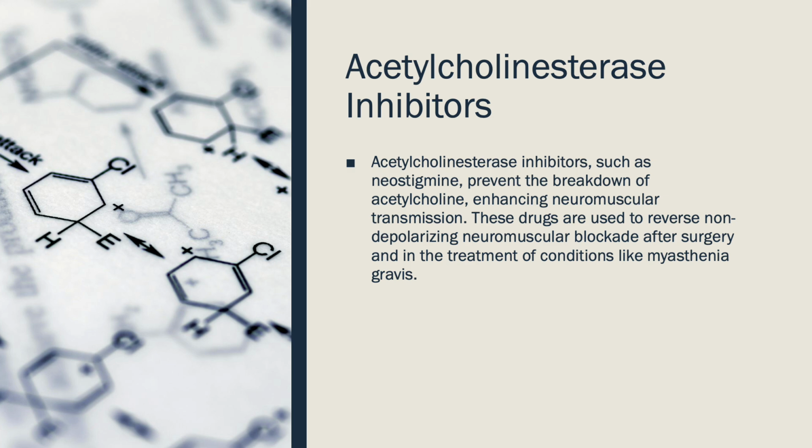However, careful dosing is critical. Excessive acetylcholine can lead to cholinergic crisis, cholinergic side effects: bradycardia, increased secretions, muscle weakness. That's why we give an anticholinergic along with it. Acetylcholinesterase inhibitors, like neostigmine, are truthfully a poison.